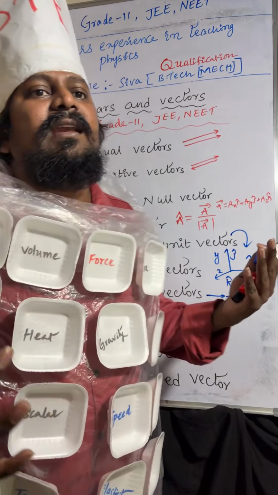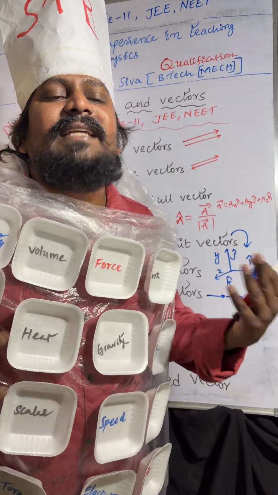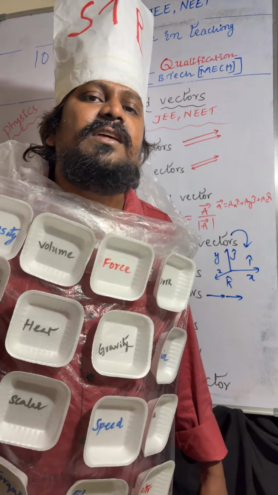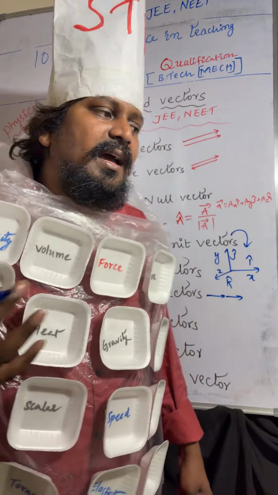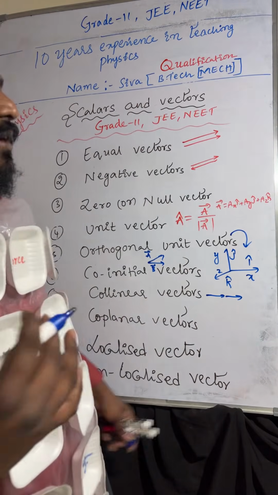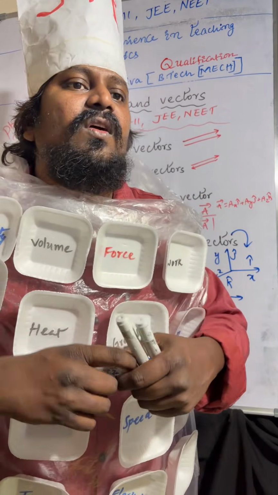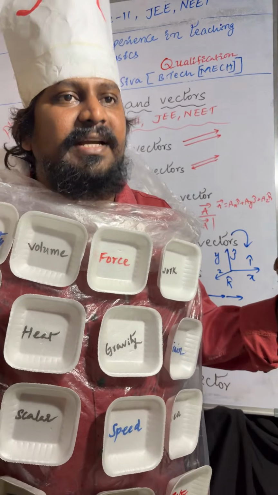Coming to the coplanar vectors. The vectors acting in the same plane are called coplanar vectors. So coming to localized vector: the vector whose initial point is fixed is called localized vector.